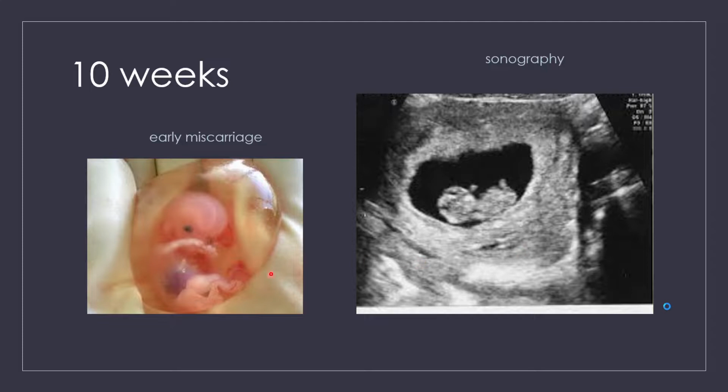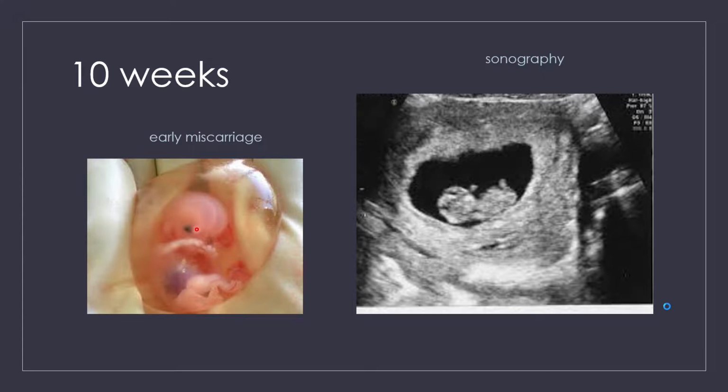By 10 weeks, this is a really sad picture, but I wanted to include it because it is just so detailed that we can see the fingers, and remember by 10 weeks, organogenesis is complete. All of the organs that are going to be in that baby are there. They've just got to grow, mature, and continue to get to where they're functional.